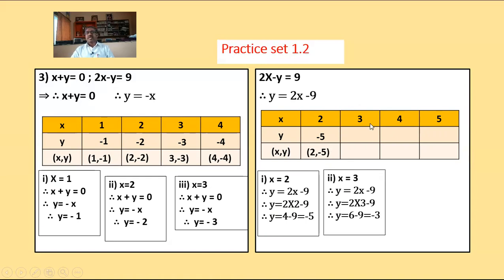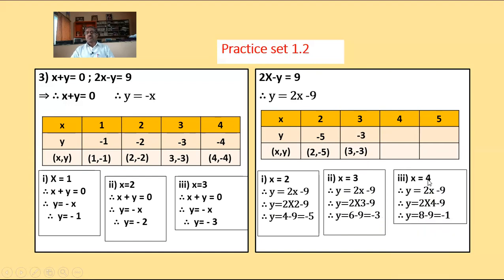x is equal to 3, 2 into 3 minus 9, y is equal to 6 minus 9 is equal to minus 3, coordinate point is (3, -3). And x is equal to 4, 2 into 4 minus 9, 2 fours are 8, 8 minus 9 is equal to minus 1 and the coordinate point is (4, -1).